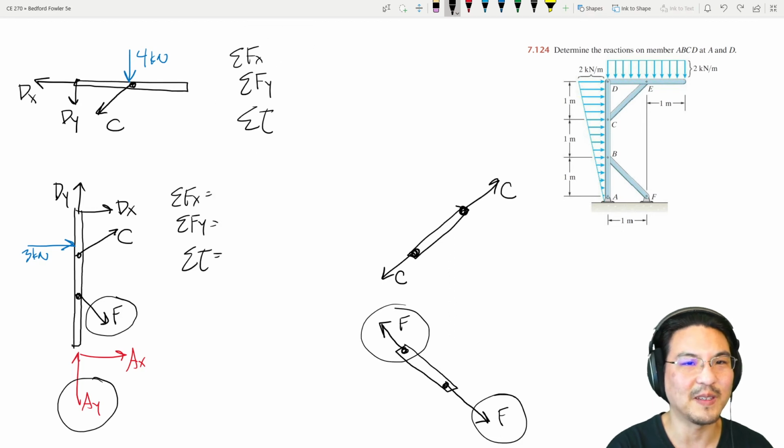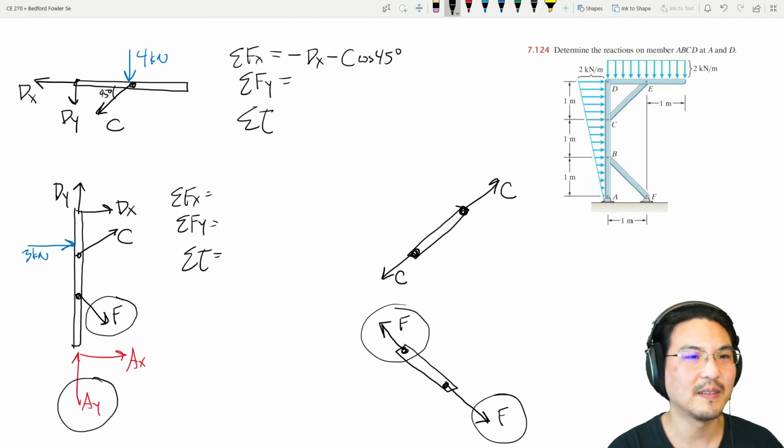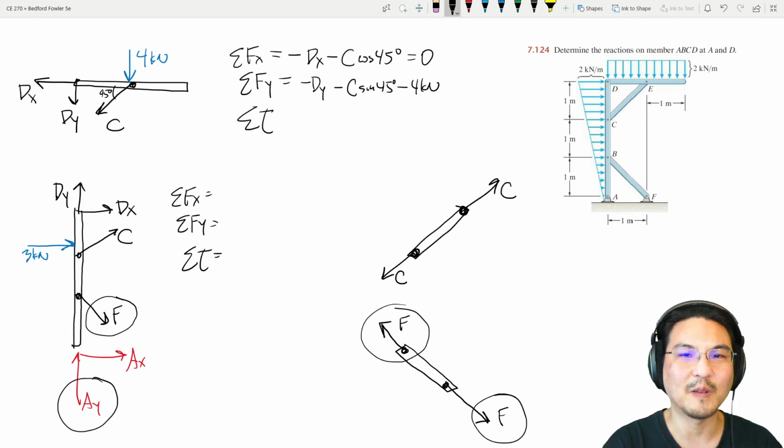So let me just write these first. So x direction, minus dx minus c cosine 45. This is 45, right? And that's it. In the y direction, minus dy minus c sine 45 minus 4 kilonewtons.